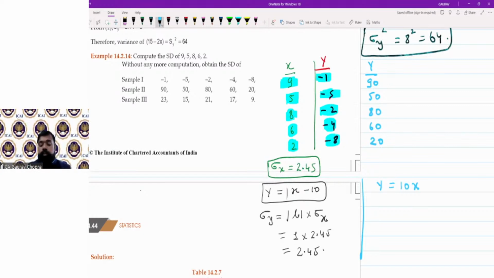Nothing to add or subtract. So the standard deviation of y is mod b, which is 10, multiplied by the standard deviation of x, which is 2.45. So the result will be 24.5. This is the standard deviation we are getting.